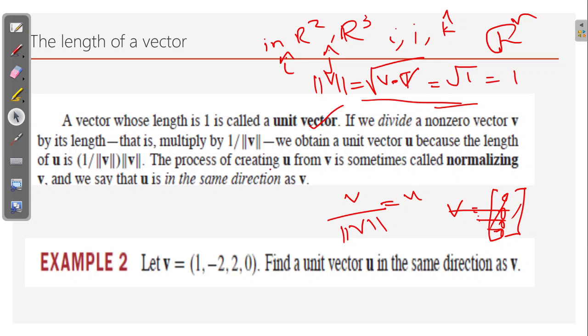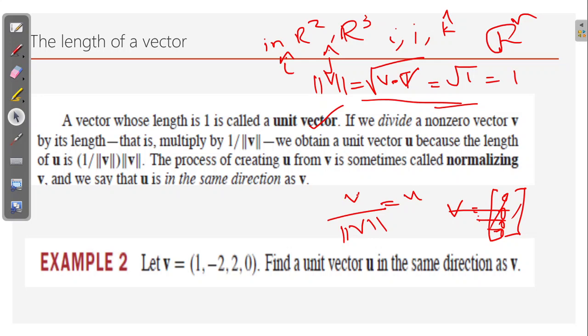The process of creating the unit vector u from v is called normalizing v. And we say that u is in the same direction as v.